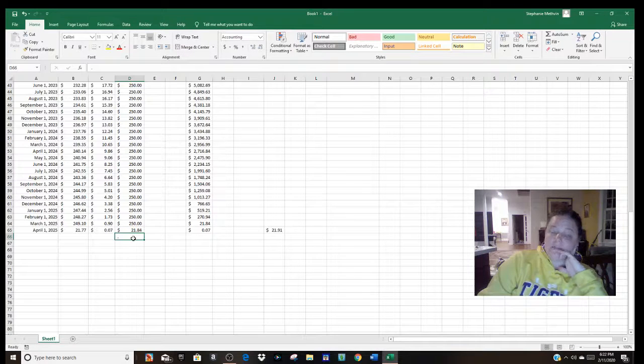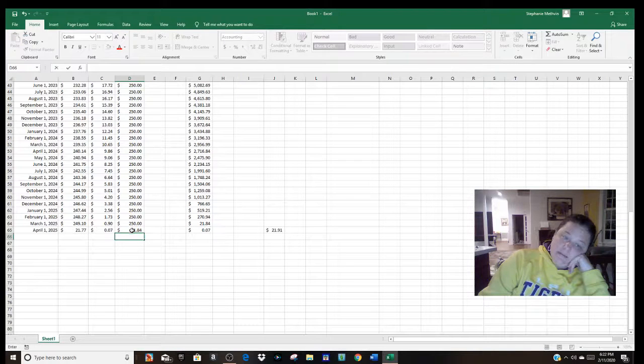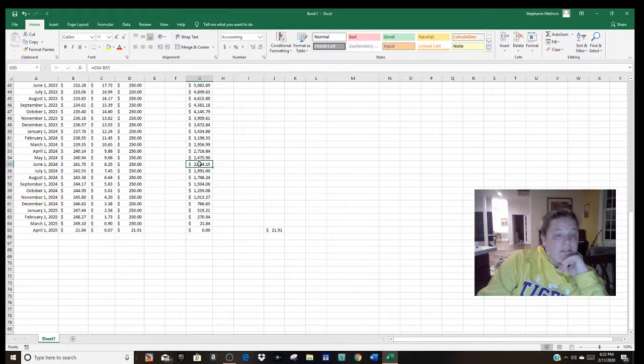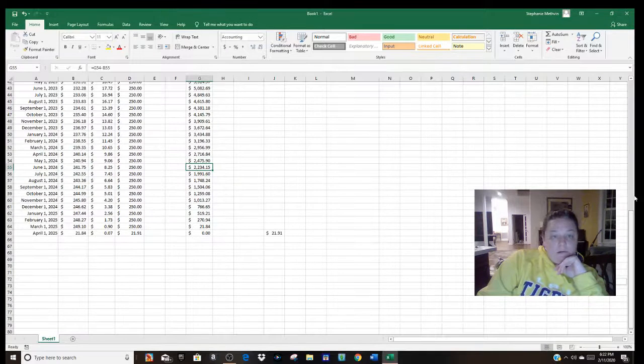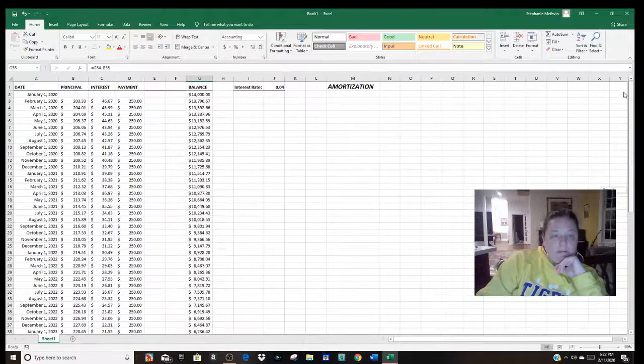I owe them 7 cents still because I did not pay the interest that month, and you can't do that. You have to pay them their interest too, even if it's just a little bit. So just because the balance is over here does not necessarily mean it's your payoff, and this is why, because of the interest.